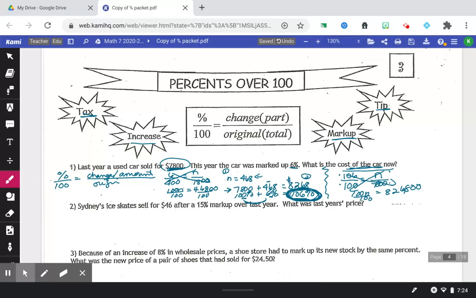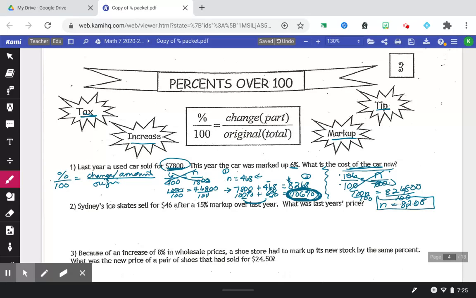Divide both sides by 100, and you get your final answer of 8,268. One step, one proportion, one step. Okay. All right. Questions on that one? Okay.